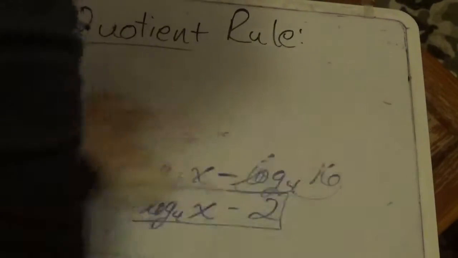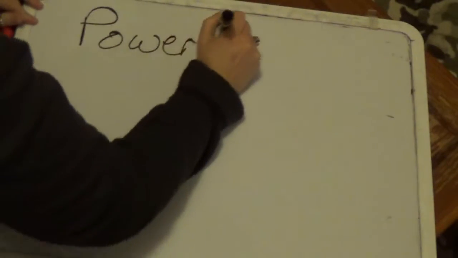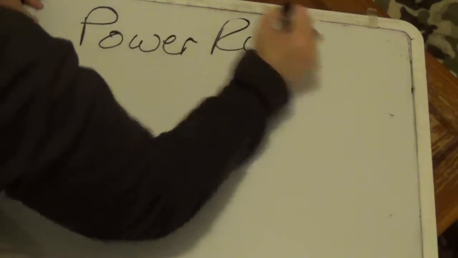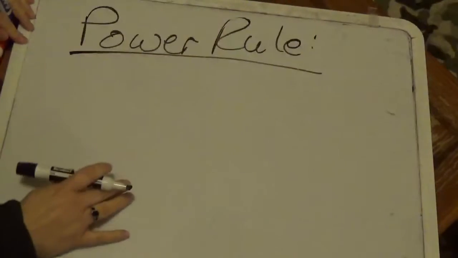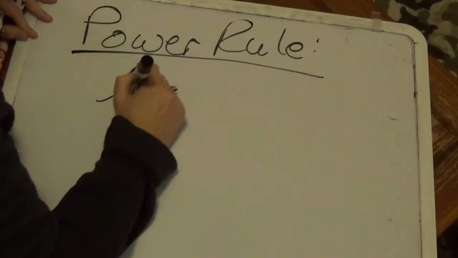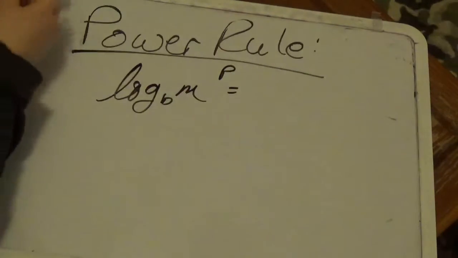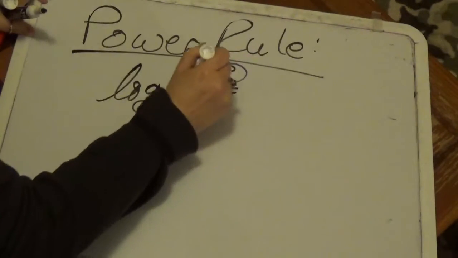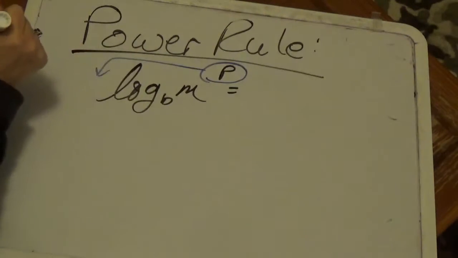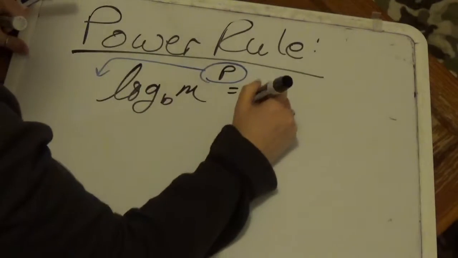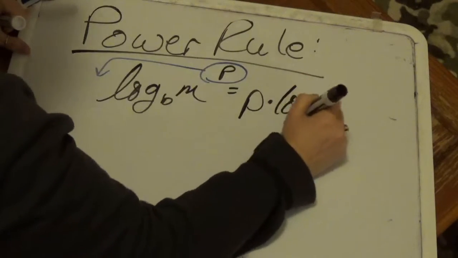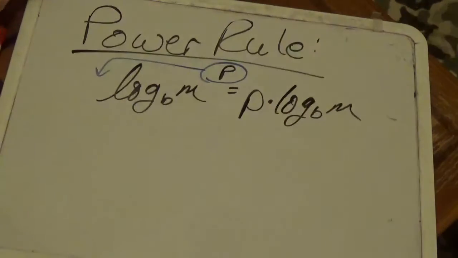Third rule is the power rule. The power rule says log base b of m to the p equals, all that happens is this p comes to the front and becomes the coefficient. So it's p times log base b of m.